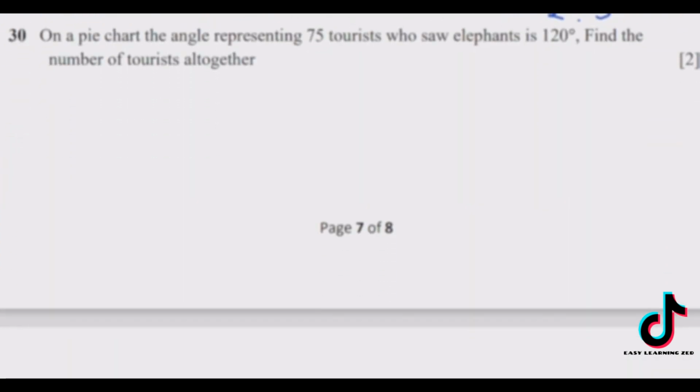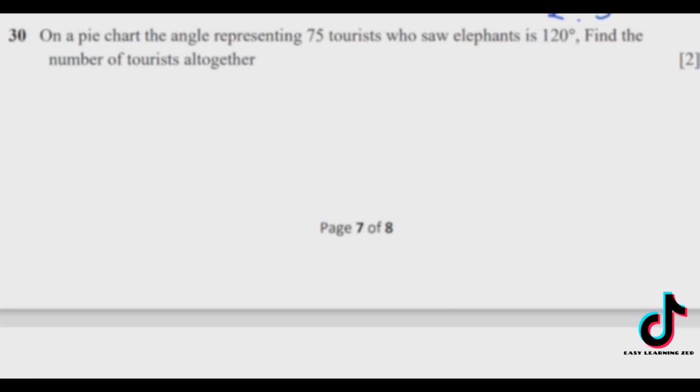The question is, on a pie chart, the angle representing 75 tourists who saw elephants is 120 degrees. Find the number of tourists altogether.